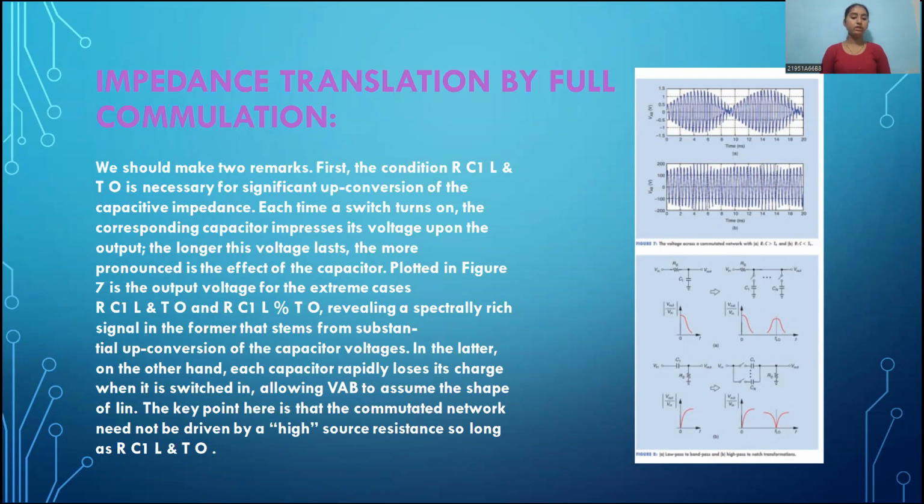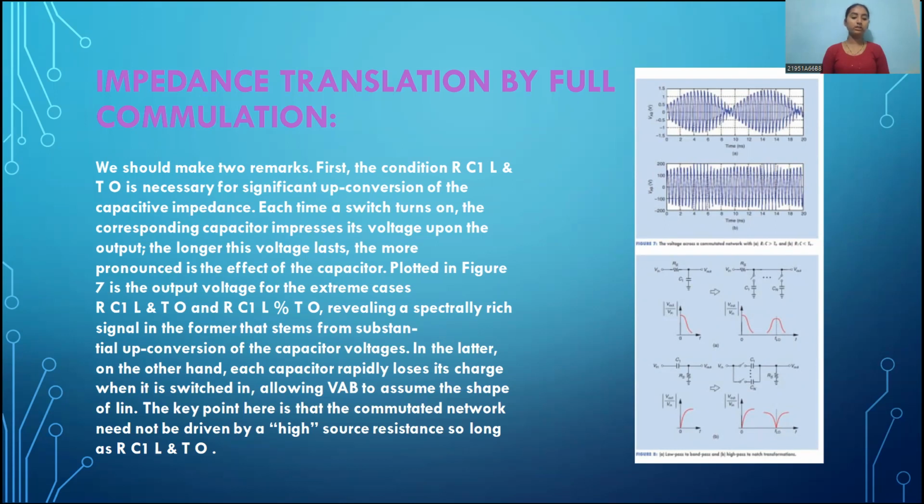Plotted in Figure 7 is the output voltage for the extreme cases R C1 much greater than TLO and R C1 much less than TLO, revealing a rich signal in the former that stems from substantial upconversion of the capacitor voltages.